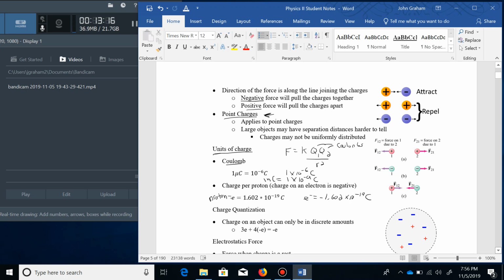So the proton and the electron have the same magnitude of charge. That's why they can cancel each other out. They're both in coulombs. It becomes an important number to remember throughout this class because you're going to be dealing with this number in many different problems and in many different areas.